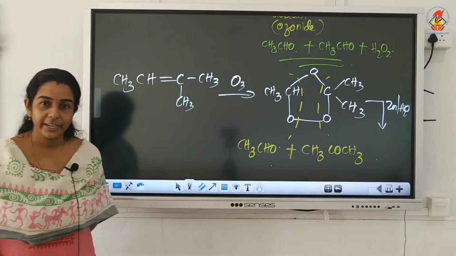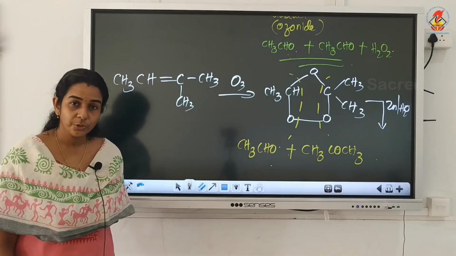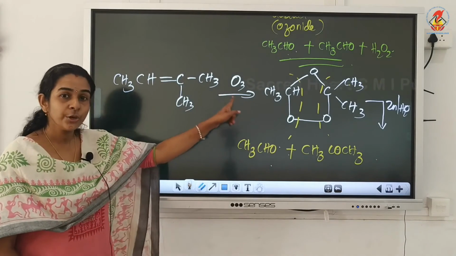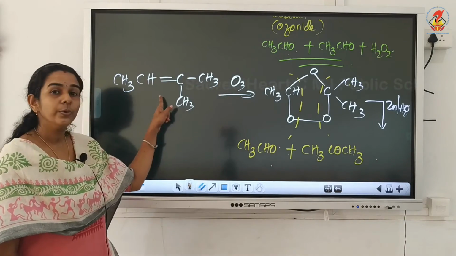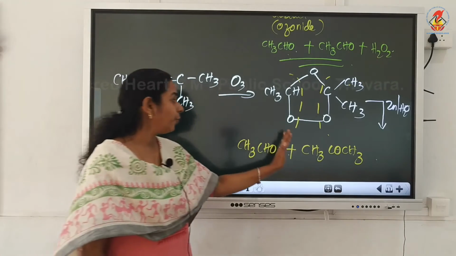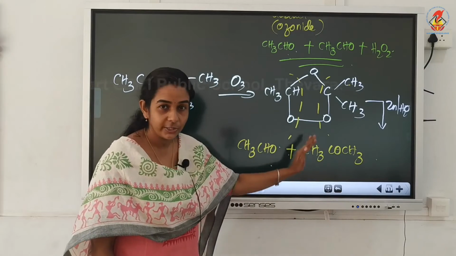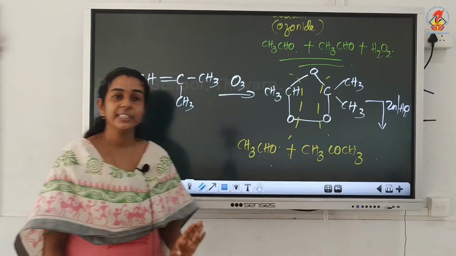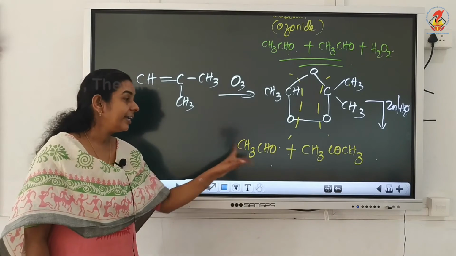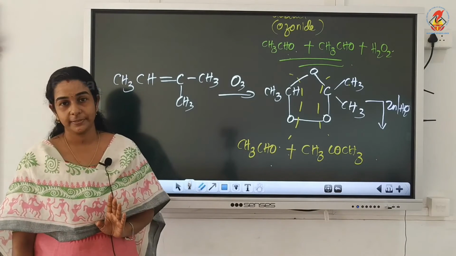Now here, from these two equations, how can we define ozonolysis? It is a reaction in which there is addition of ozone to a carbon-carbon double bond or an alkene to form an addition product called ozonide, followed by splitting using zinc dust and water to give aldehydes or ketones.